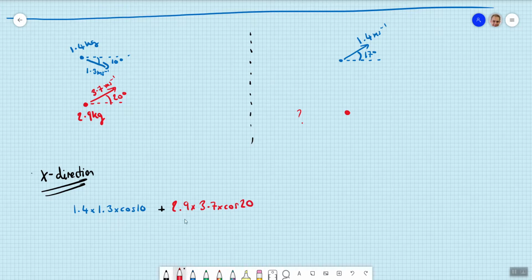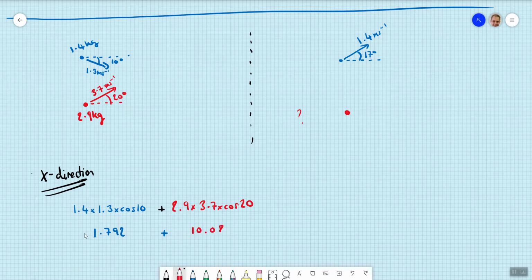Now they are just numbers, so we can plug all that in. 1.4 times 1.3 times cosine of 10 gives 1.792, and our red one, 2.9 times 3.7 times cos of 20, is 10.08.